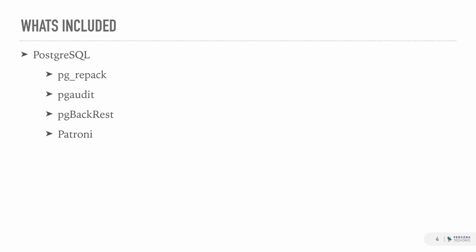So we got pg_repack, pgAudit, pgBackRest, and Patroni included in it. You're going to just download Percona Distribution for Postgres, and you're going to see all of these included within it. We're going to see what these extensions or tools do and how they help to build an enterprise-grade Postgres shortly.